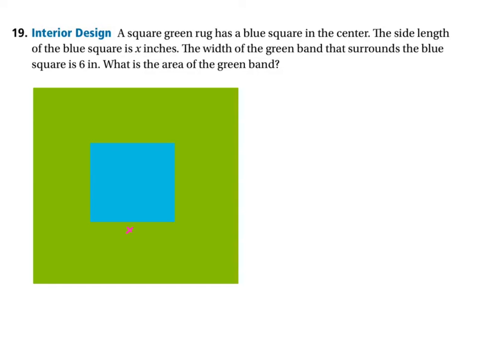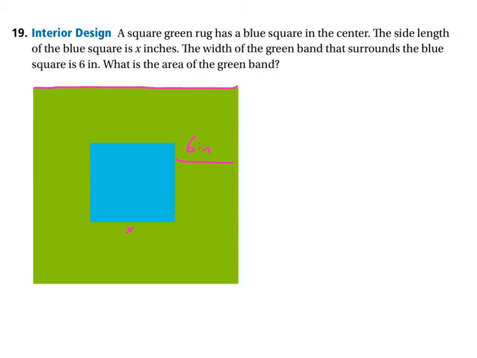The width of the green band that surrounds the blue square is 6 inches. So we're going to say this has got to be 6 inches. Okay? So then the entire length along the edge would be 6 inches here, then a length of x, and then 6 inches here.